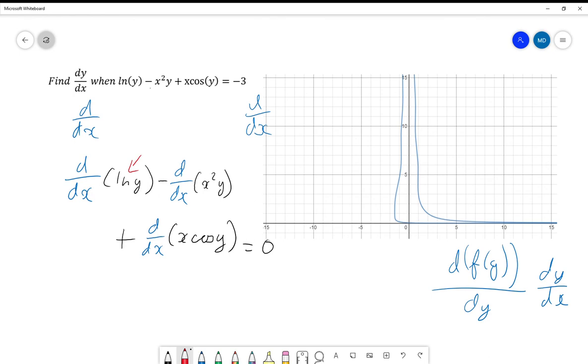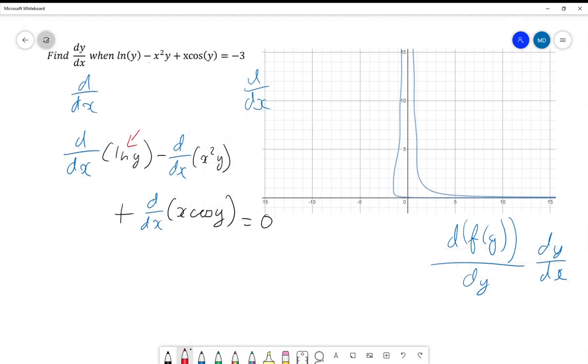Anytime there's a y there, we just differentiate it as though it wasn't a y, and then multiply by dy by dx afterwards, or whatever your independent and dependent variables are in regard to the differentiation. So in this case, the derivative of the natural log of y is 1 over y, and then because really we're differentiating with respect to x, we write dy by dx.